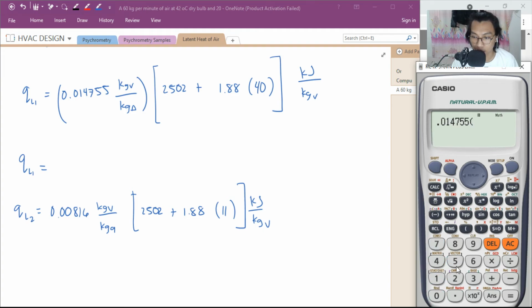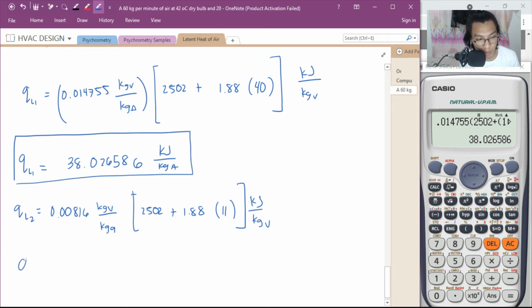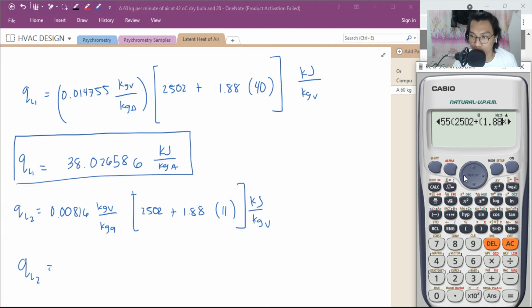So, masolve na natin. 0.014755 multiplied to 2502 plus 1.88 times 40. The answer is 38.026586 kilojoule per kilogram air. That is QL1. Yung QL2, ulitin mo na lang, 0.00816.